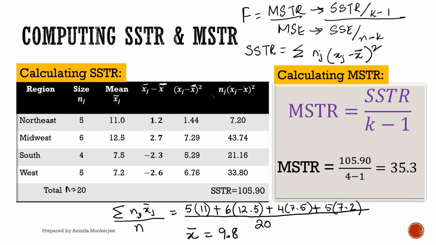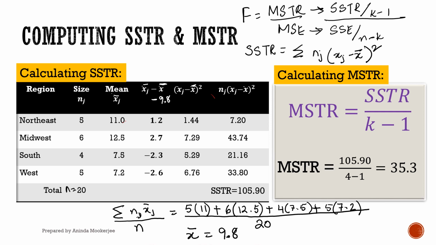You can do this calculation on your calculators. You should come up with an x bar value of 9.8. Once we get our value for x bar, I'm going to write that down here. It's going to be x sub j bar minus 9.8.